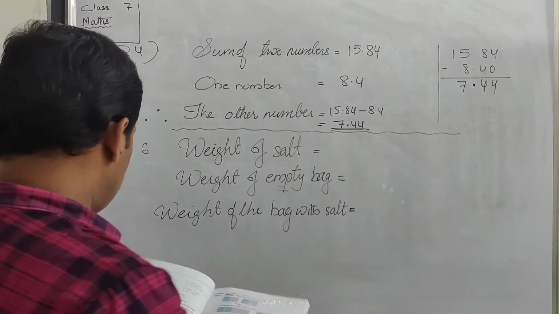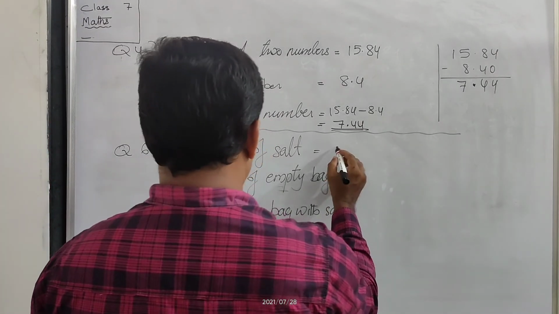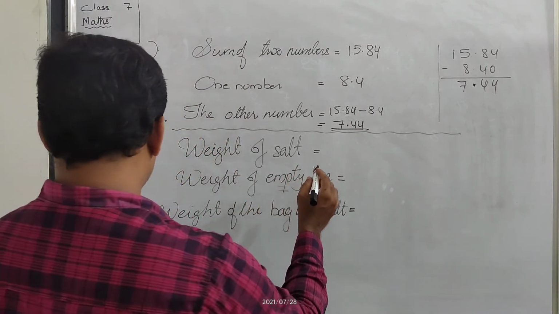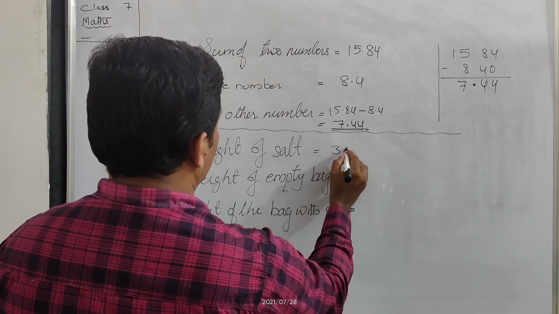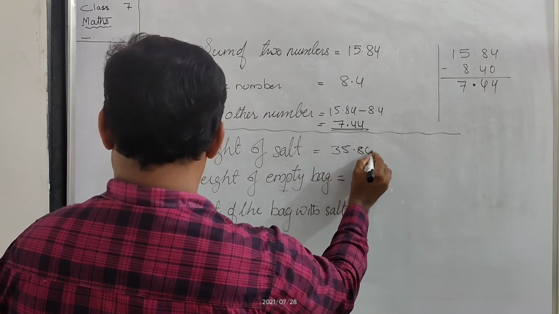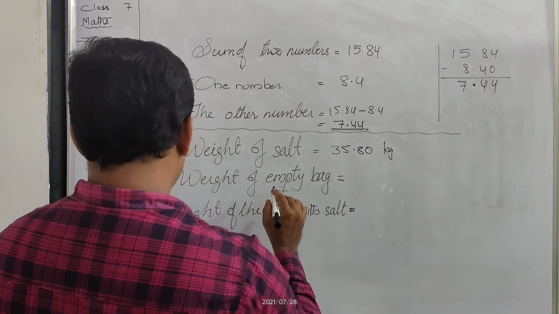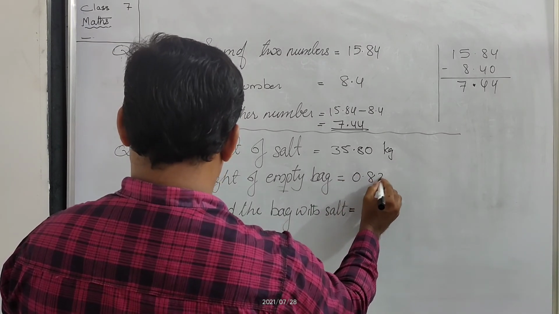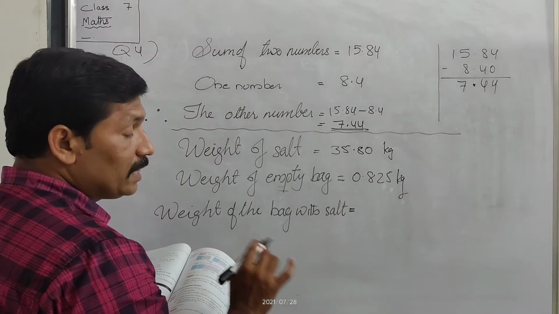So here, the first step is the weight of salt, that is equal to 35.80 kilogram, and the weight of the empty bag is 0.825 kilogram. Then what's the weight of the bag with the salt?